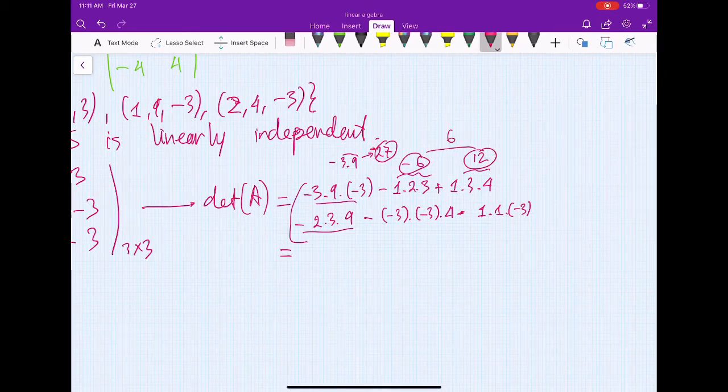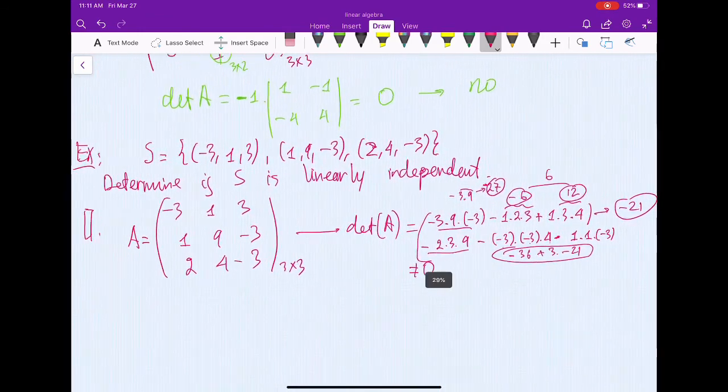So I have 6 in here. Basically, on the top, you have -21, okay? And here you have 9 times 4, which is 36 with the negative. In here you have plus 3 minus 21. So basically the determinant is not 0.